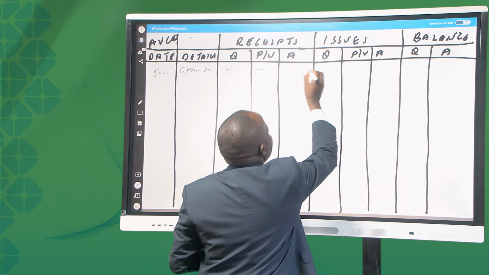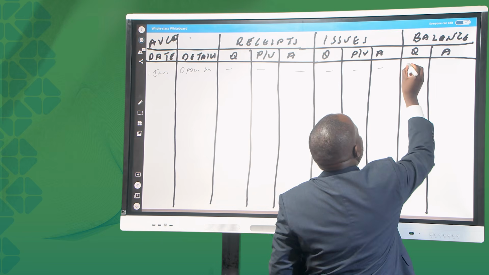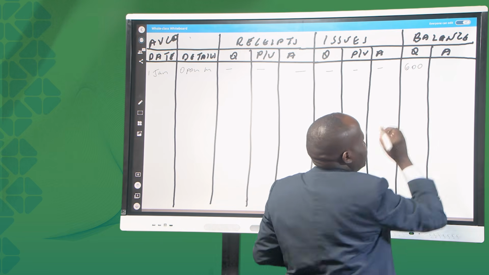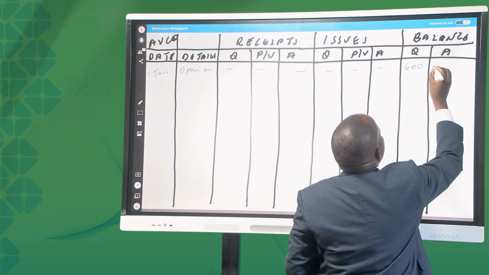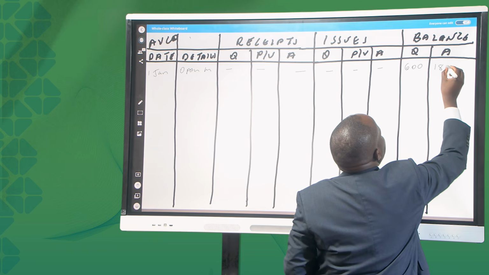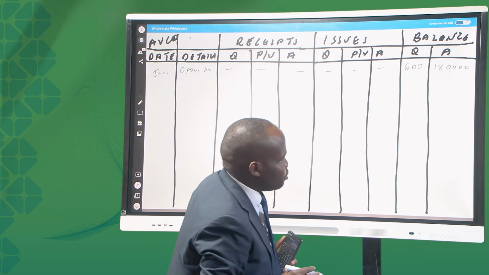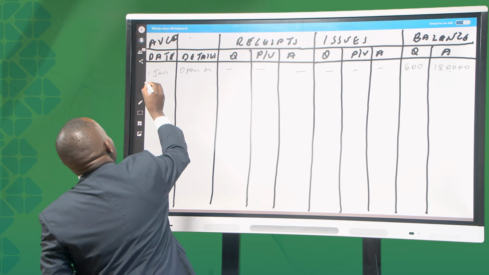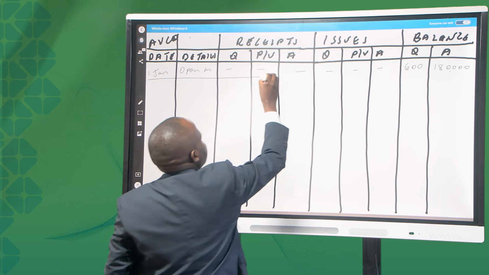This was 600 at a price of 300, to give you 180,000. We are done with 1st January.